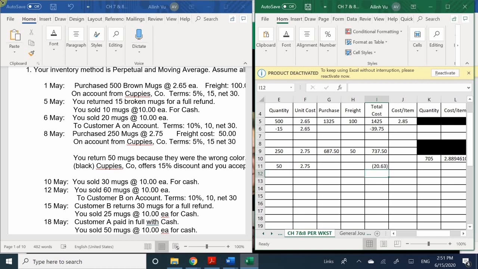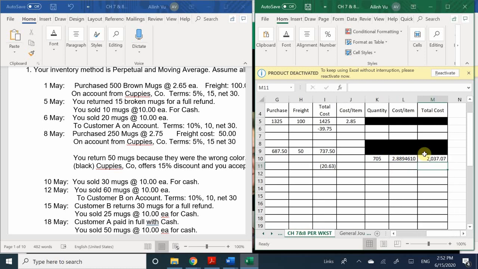Again, for Excel, negative money is usually in parentheses. So in this case, I'm going to adjust my inventory right here. Now I still have 7.05, so I can go like this and subtract.